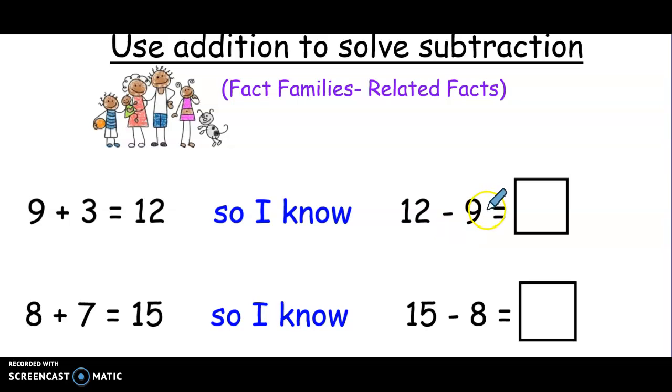I can see the 9s. What's missing? Yep, it's the 3. Also, we know that 12 is our total, right? So when we're adding, the 12 is on the right side of the equation. And when we're subtracting, the total is the biggest number, right? We're starting with a total and we're taking away to find our new answer.